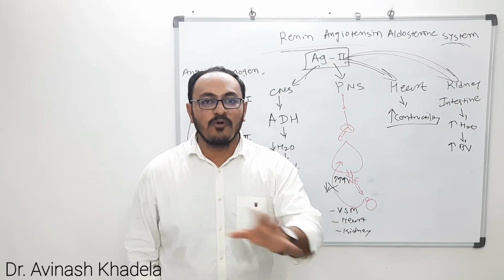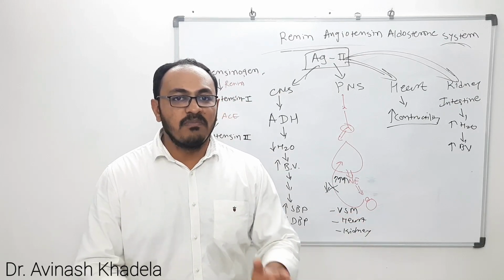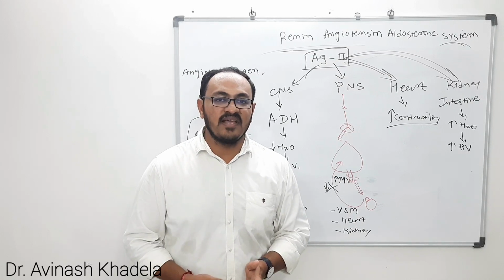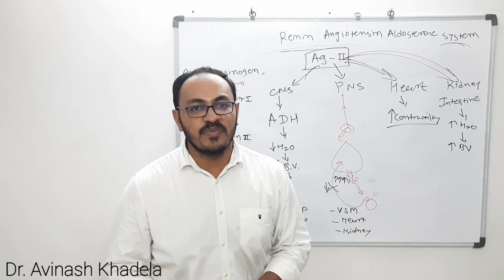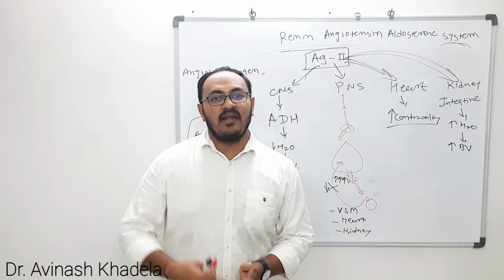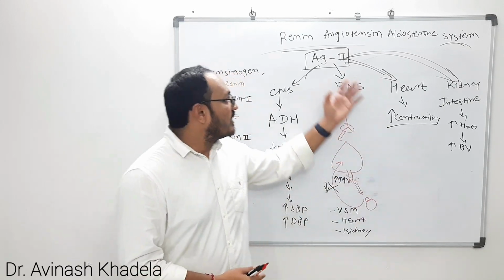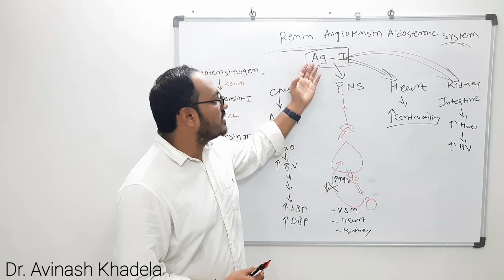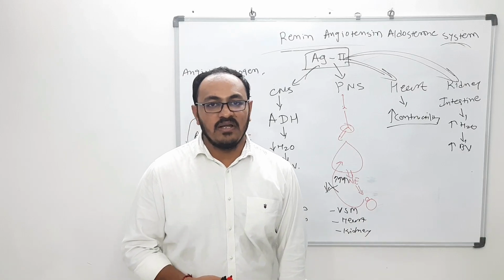Then myocytes will no longer help the heart to pump blood, and that is why angiotensin 2 blockers or angiotensin converting enzyme inhibitors are highly prescribed in patients who have a high concentration of angiotensin 2 and aldosterone. So this is what angiotensin 2 does in the human body. These are the different physiological actions of angiotensin 2.